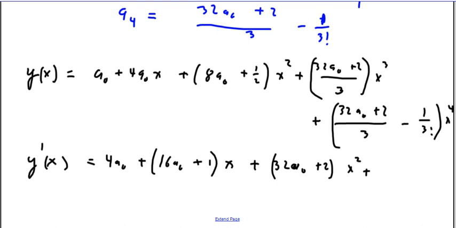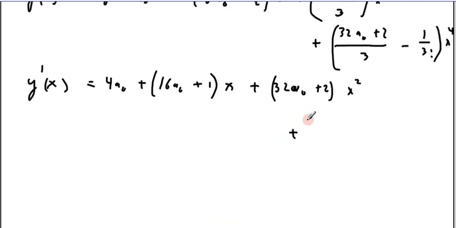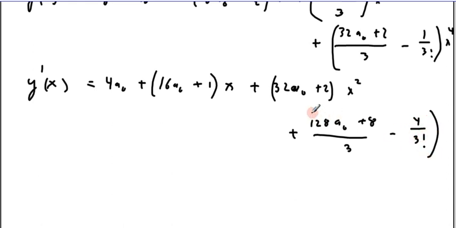Okay, so we'll move down a little bit. Plus 128A0 plus 8 over 3 minus 4 over 3 factorial x cubed.